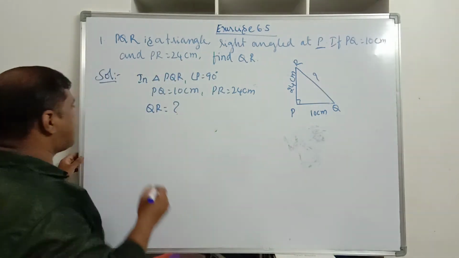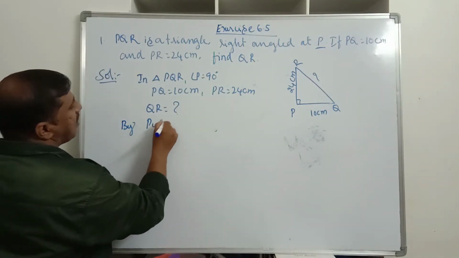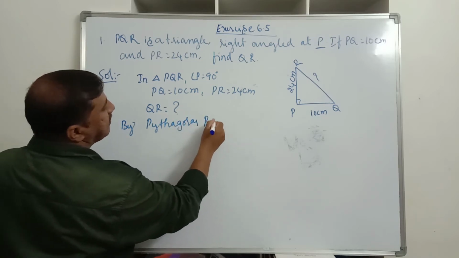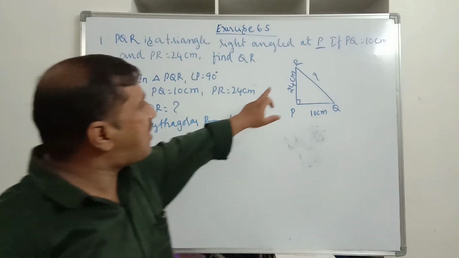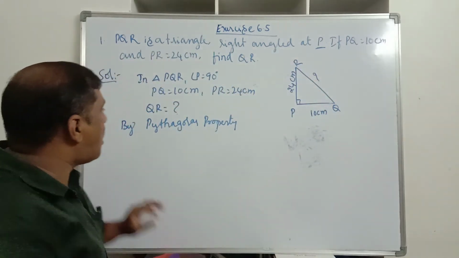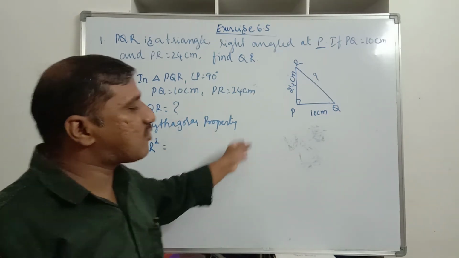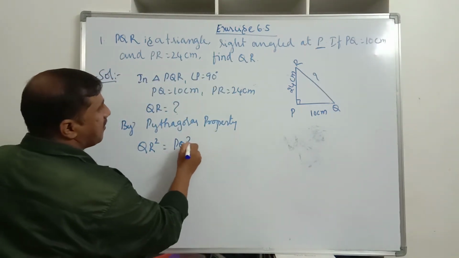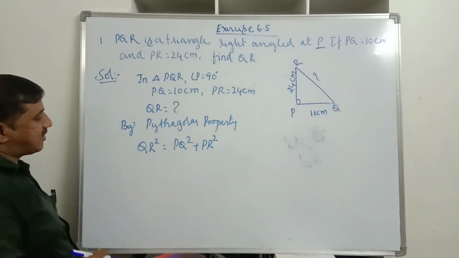Applying the Pythagoras theorem. What it states is that the square of the hypotenuse, that is QR square, is equal to the sum of the squares of the other two sides, that is PQ square plus PR square.